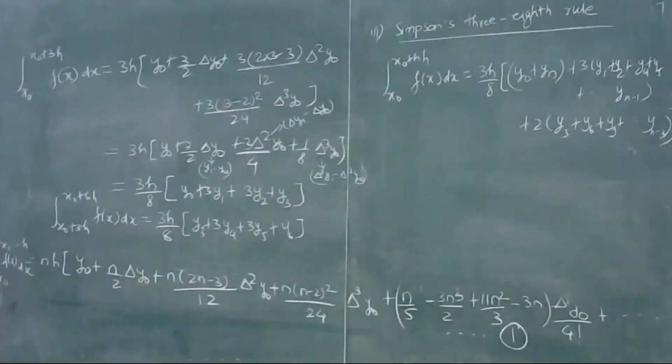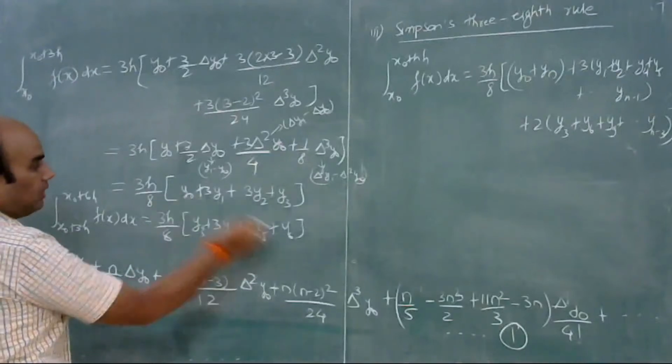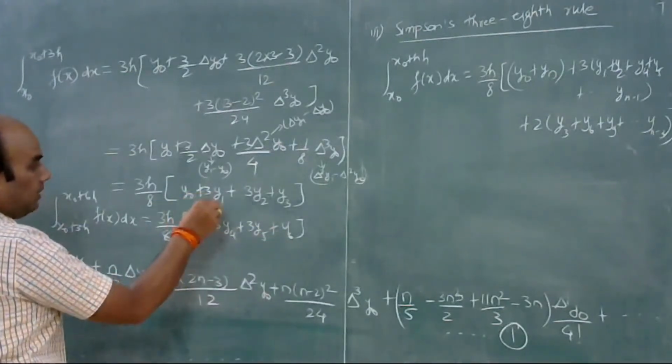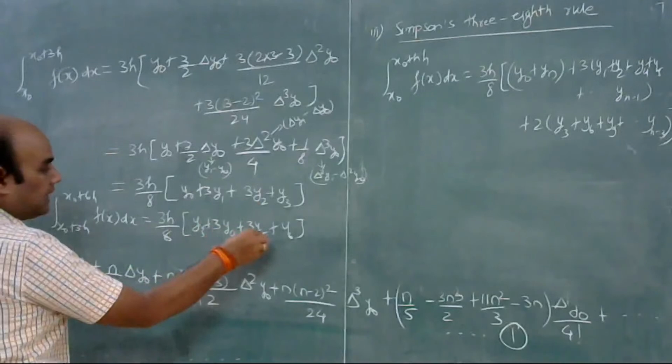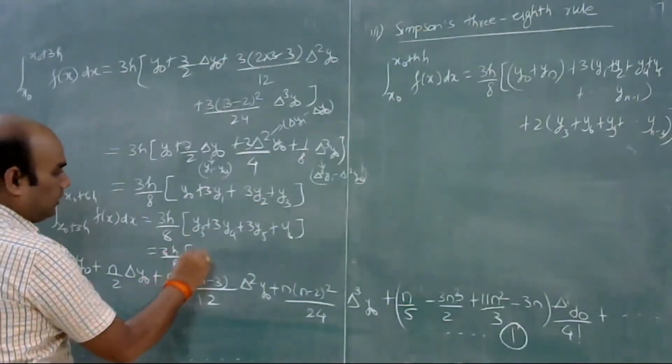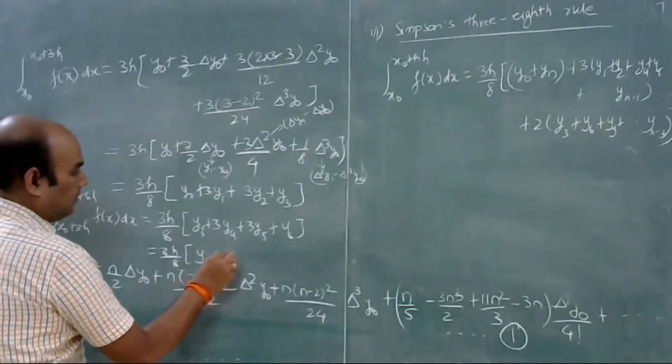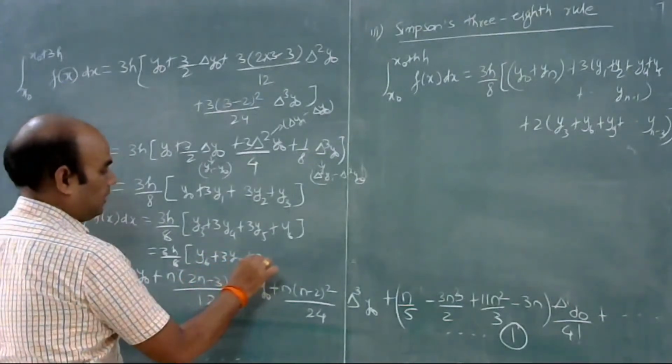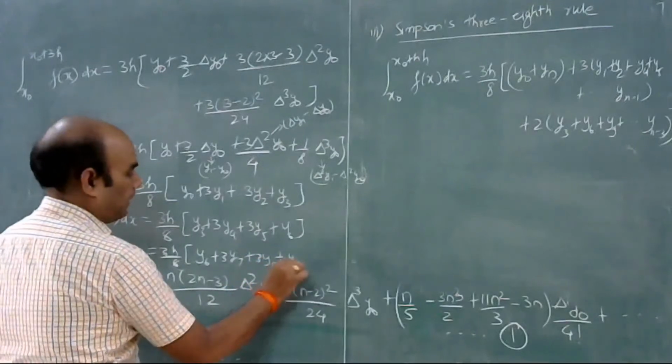Here you can see this is y0 and this is yn. So 3 times y1, y2, y4, then the next term will be 3h by 8 times y6 plus 3y7 plus 3y8 plus y9.